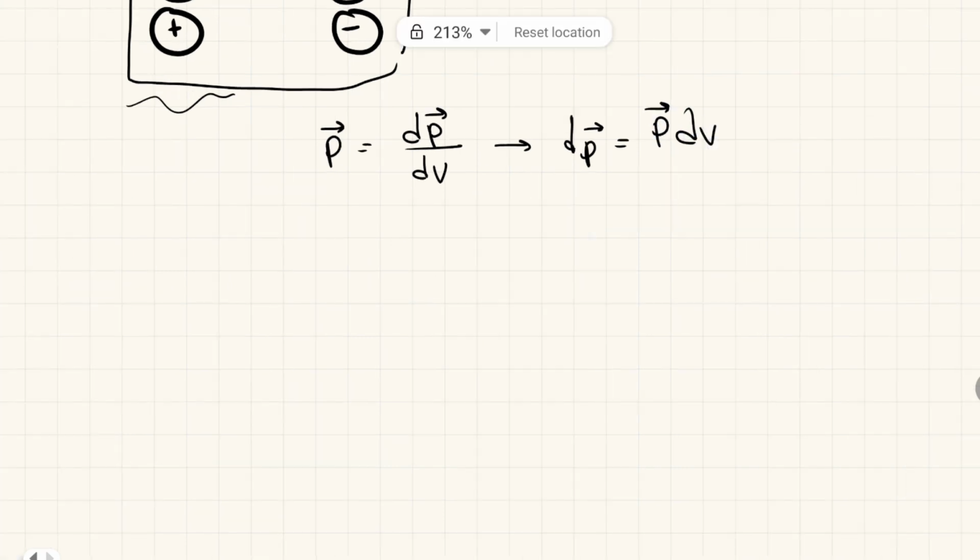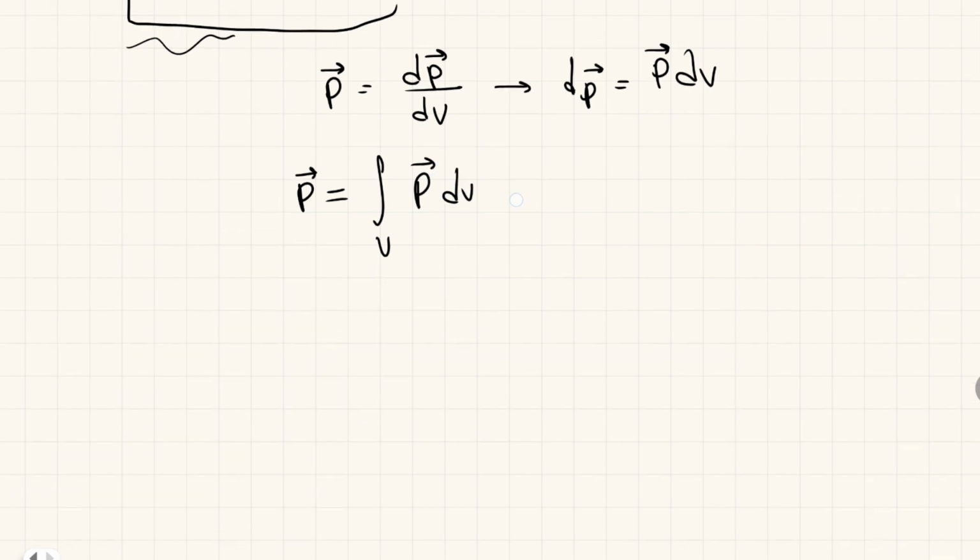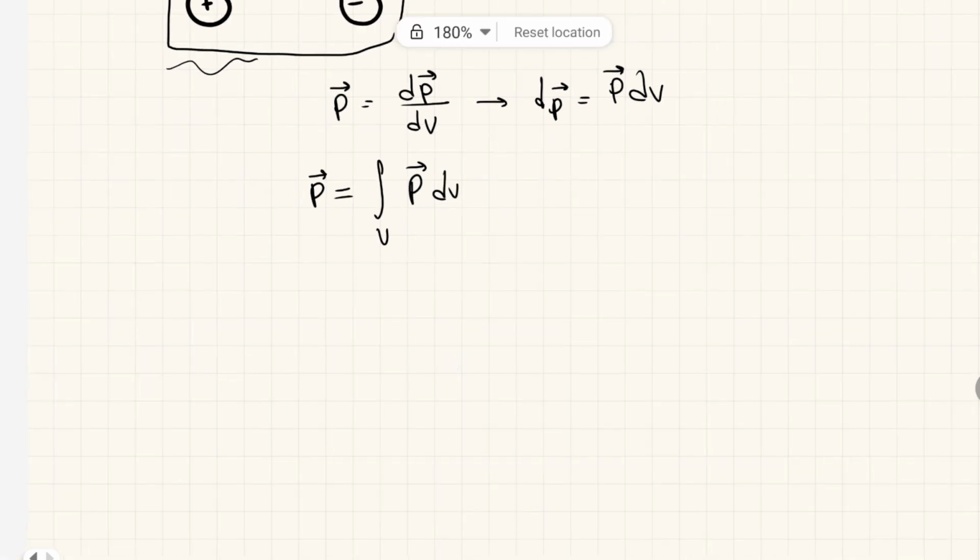So we need to know that the total dipole moment of the dielectric can be calculated with this integral over here. It's a volume integral of the polarization. So this will be the total dipole moment of the dielectric. Perfect. Okay, we have a total dipole of the material.